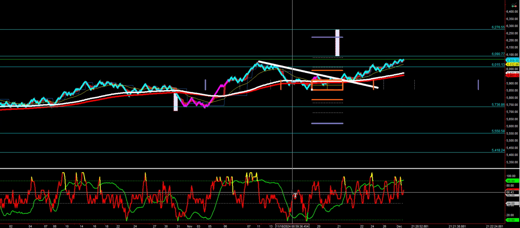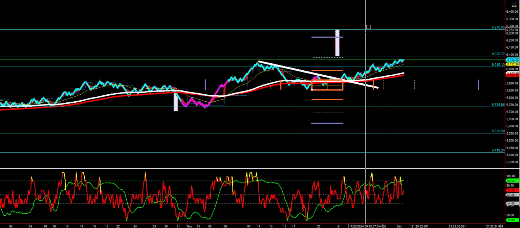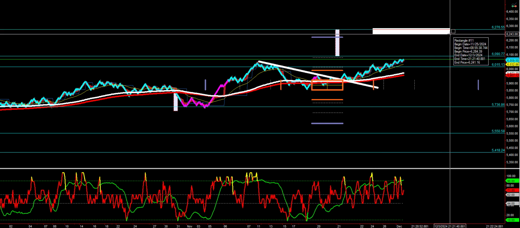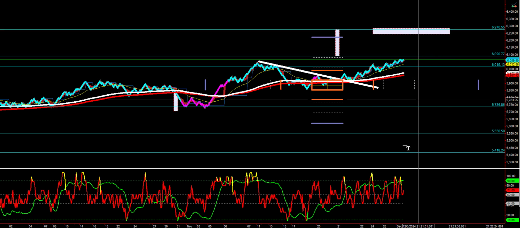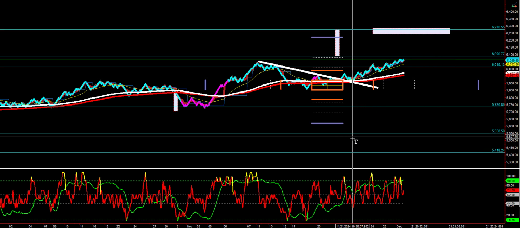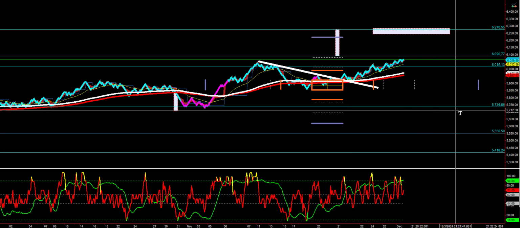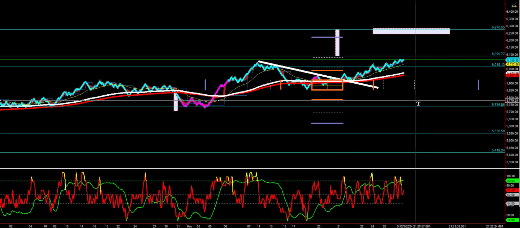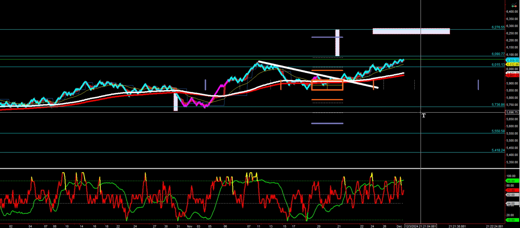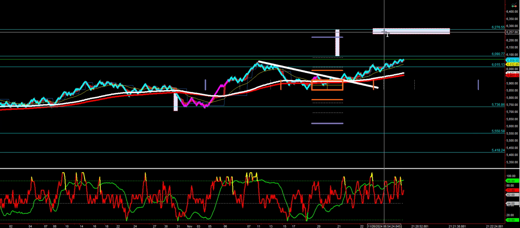So let's do one thing. Let's put a block here, right? It makes sense to put a block here. And on the pullback we have this area as well, and we already have the line here, so let's not get too much clustering. So this is where we are heading.